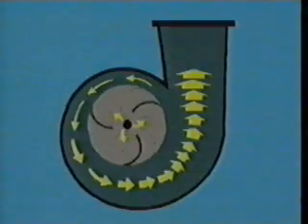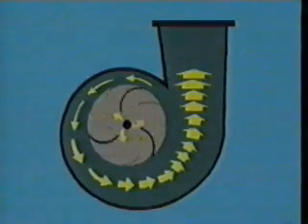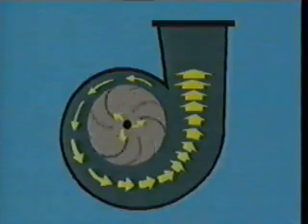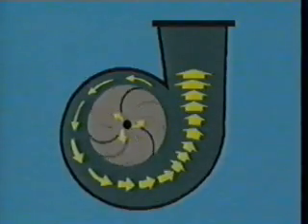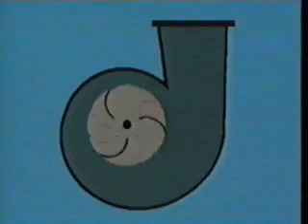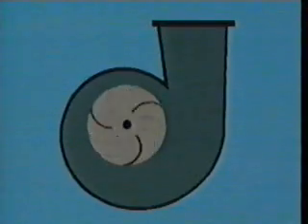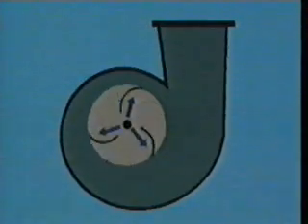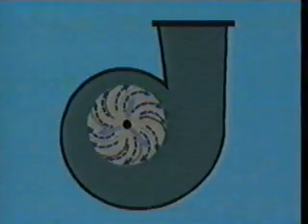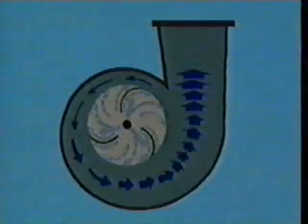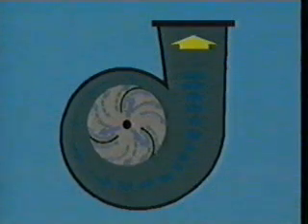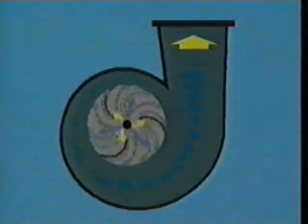As the gas slows down, the motion energy is converted into increased pressure. Finally, when the gas leaves the compressor, the combination of all these forces, centrifugal force, aerodynamic force, and change in velocity, will have produced a gas discharge pressure that is several times higher than the suction pressure.